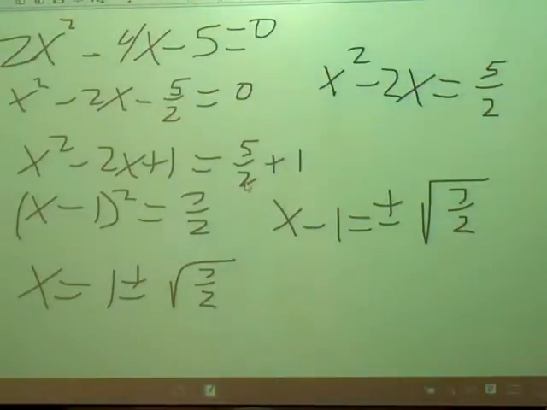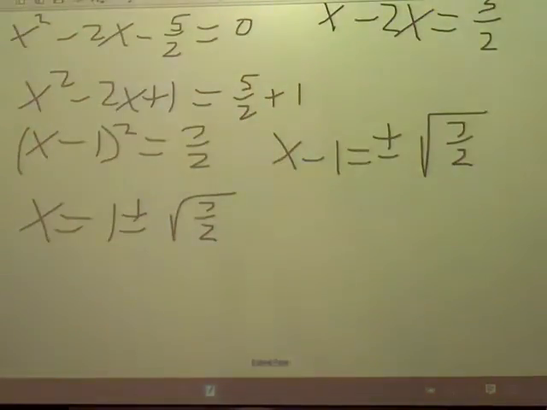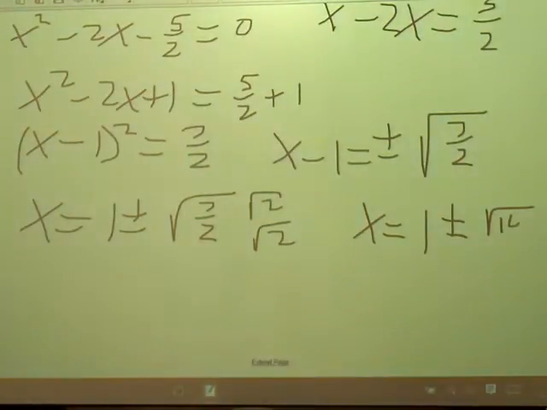Square root of 2, that's right. So if I multiplied both top and bottom by the square root of 2, that would make square root of 14 over 2, right? So I've got x equals 1 plus or minus square root of 14 over 2.